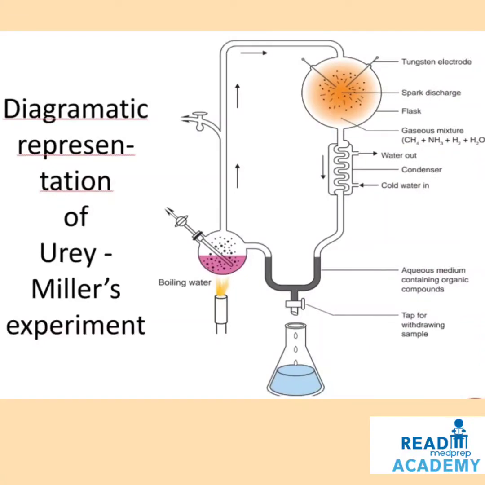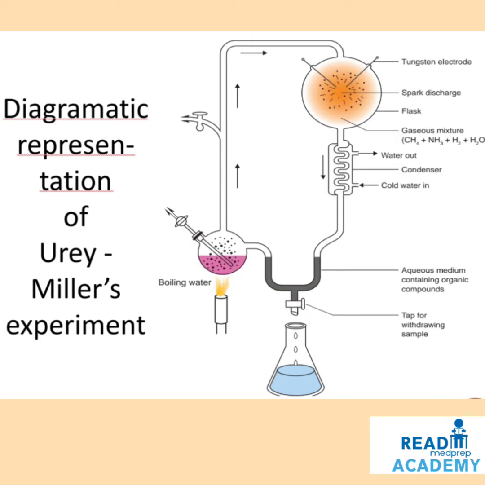Here in this image, you can see the diagrammatic representation of the Urey-Miller experiment, where a flask with water is taken and continuously boiled. Steam that emanates passes through a large bulb which has a tungsten electrode which shows spark discharge, and the flask also contains a gaseous mixture containing methane, ammonia, hydrogen and water vapor.